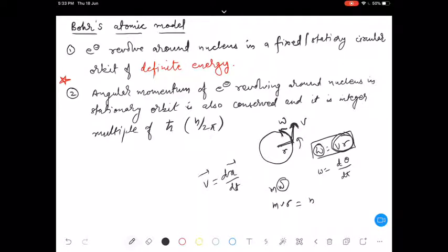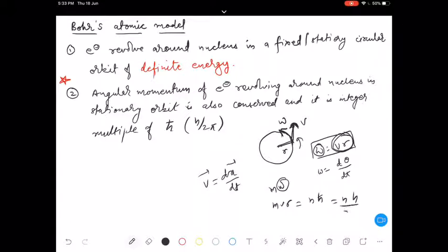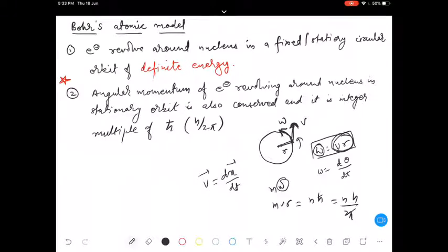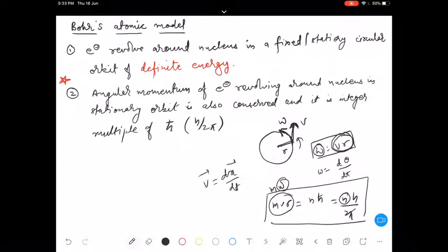Let's say n is an integer multiple of h cross, or simply I can write nh upon 2 pi. This is the second postulate of Bohr's model. Niels Bohr observed that angular momentum will be conserved and it will be an integer multiple of h cross. Experimentally, he was unable to define this expression mathematically throughout his life.